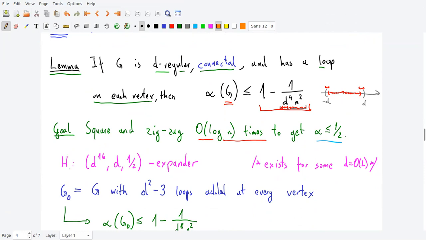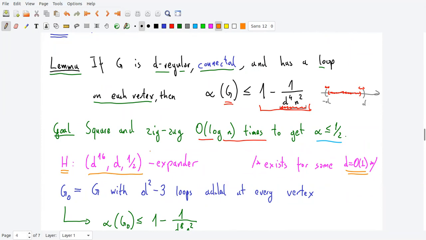So for the base graph, I take some graph H that is a d to the 16, d, 1/2 expander for some constant d. During the last lecture, we were using as a base graph a graph that has d to the 8 vertices and is d-regular and had spectral gap at most 2/5.